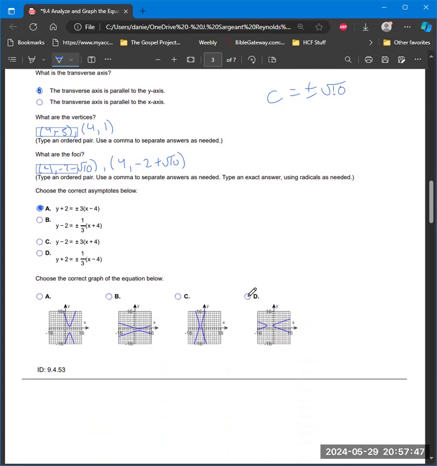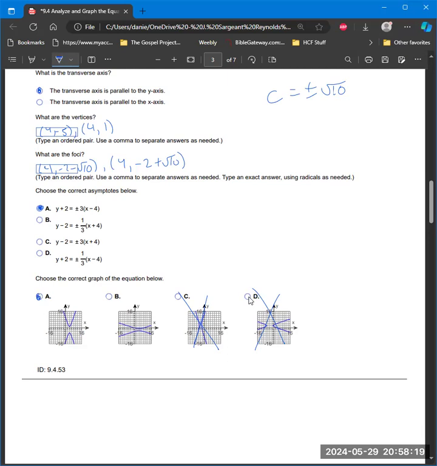The transverse axis needs to be parallel to the y-axis, so it needs to open up or down, not left or right, like that. Vertices are at (4, −5) and (4, 1). So that looks like A to me.